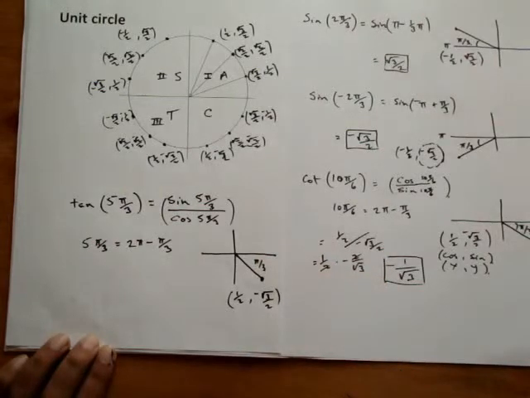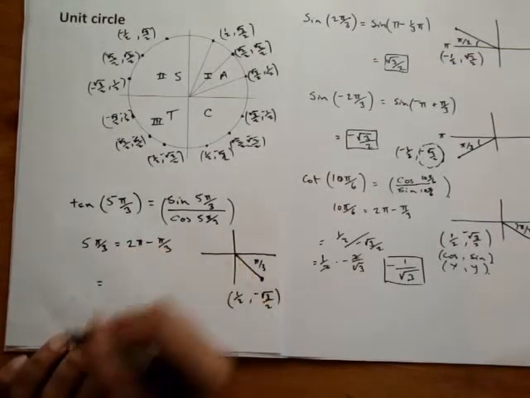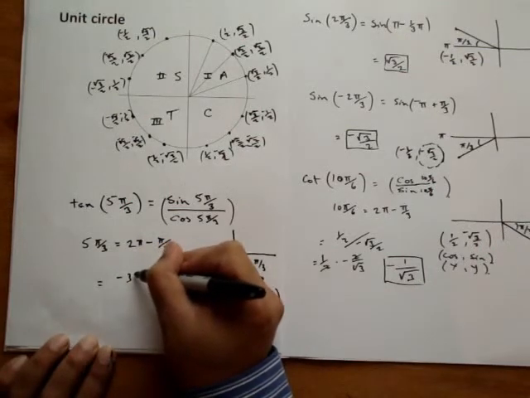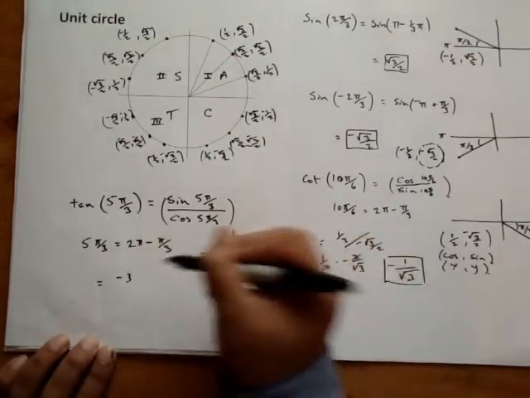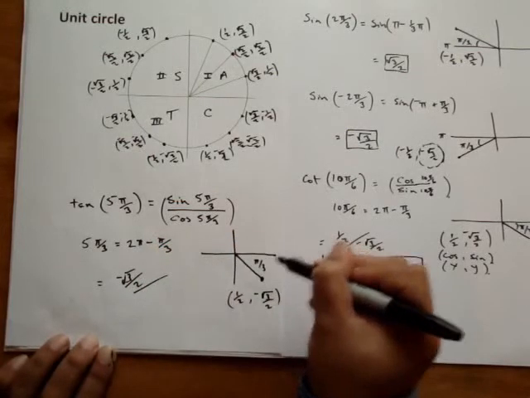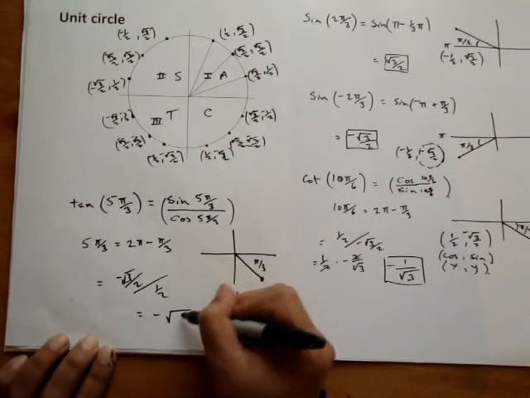So when we put our values into our tangent formula, we get minus, this is the sine value, minus square root of 3 over 2 divided by a half, which is minus square root of 3.